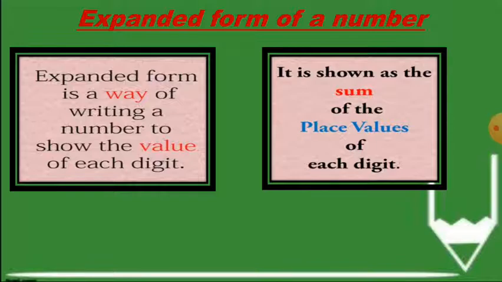It is shown as the sum of the place values of each digit. Now students, you must be remembering a little bit how we are supposed to write the expanded form. First, we will see the place value of each digit, and how to write the expanded form in a better way we will learn today.